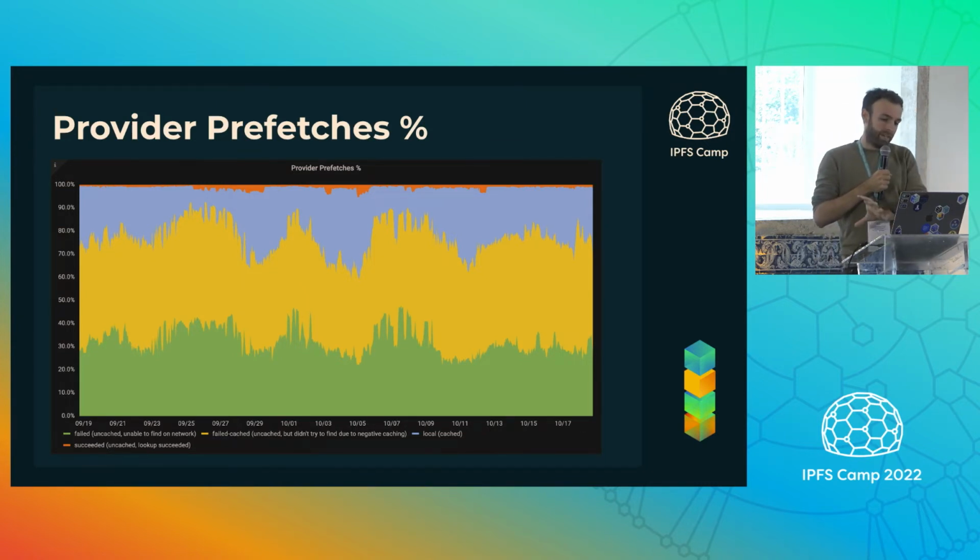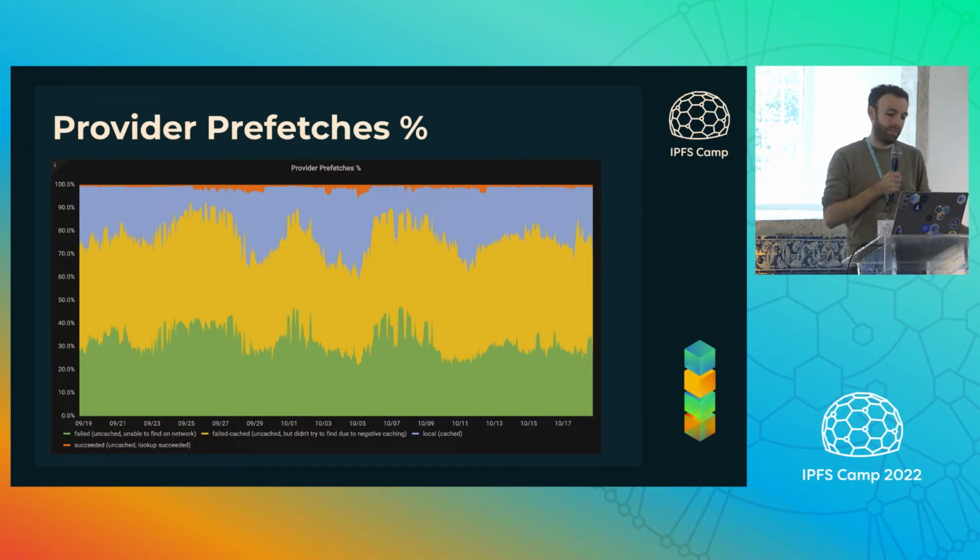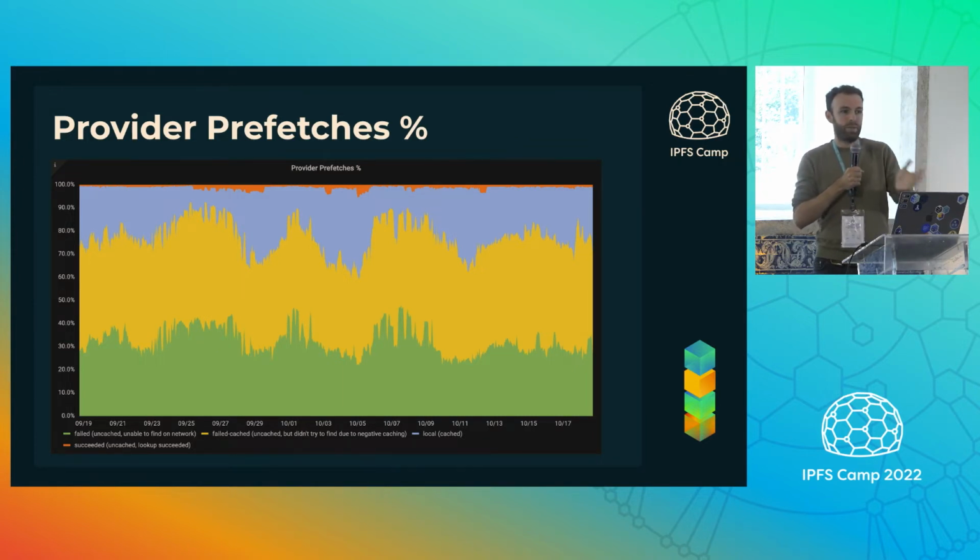Then the blue bar there is basically the successful requests for Hydra provider records from Hydra peers. This means I request a CID from the Hydra, and they could serve it right away from a cache. Then the yellow bar here, the biggest part, is that the Hydra ran into the so-called negative cache. This means the CID was requested previously.